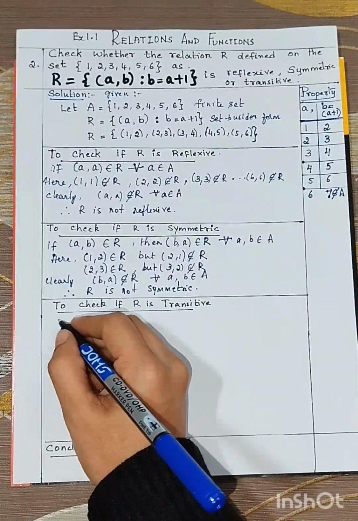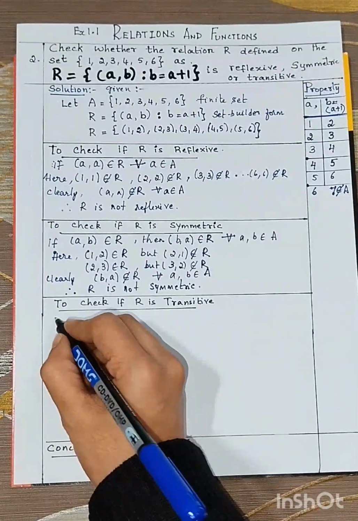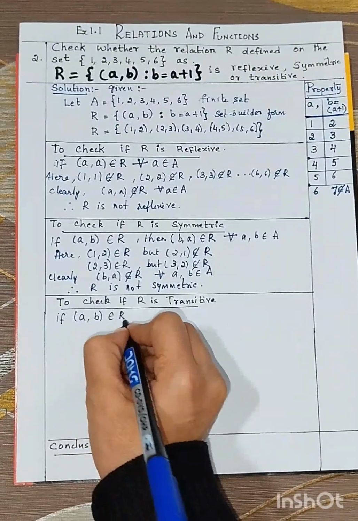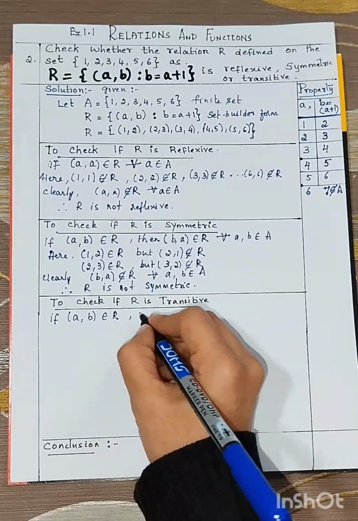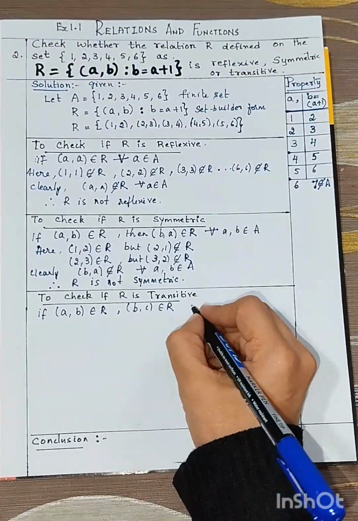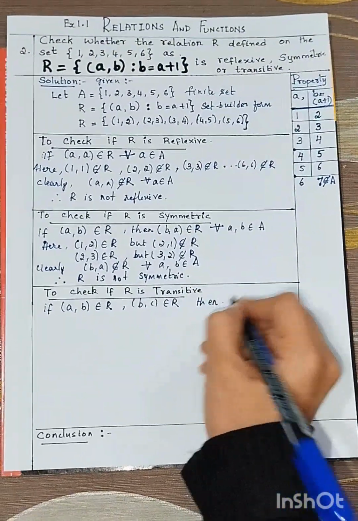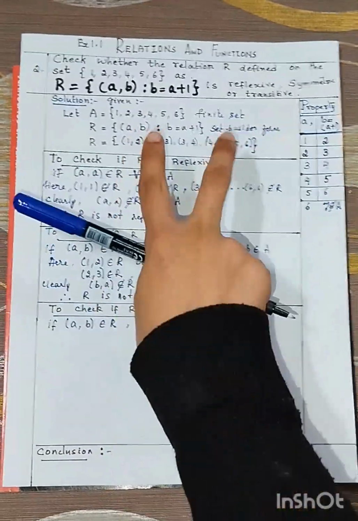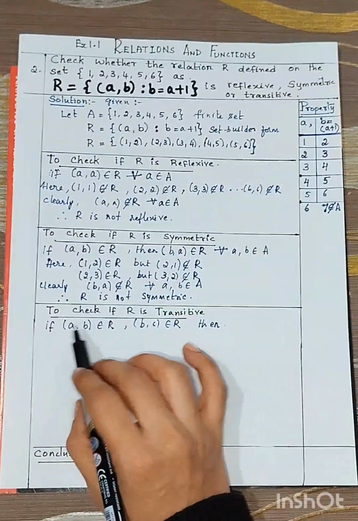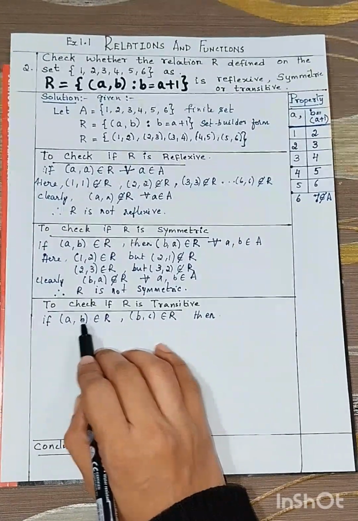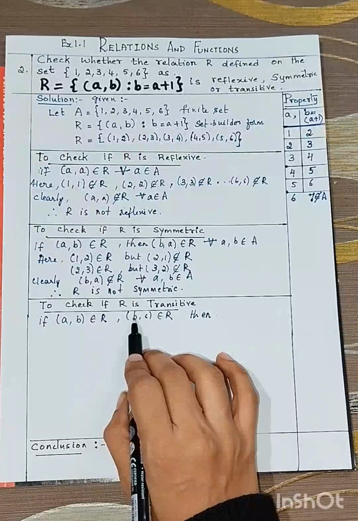Now the condition for a relation to be transitive: if (a, b) belongs to R, (b, c) belongs to R, then, so we have taken two ordered pairs from the relation, and how it must be: the second element of the first ordered pair must be equal to the first element of the second ordered pair.